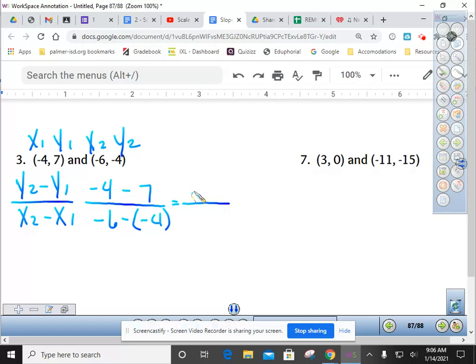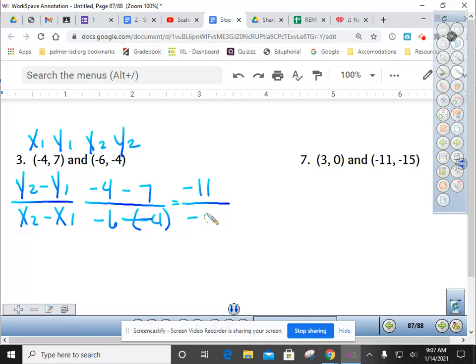Negative 3. Please tell me why this is the hardest thing in the world for you people to get. It's negative 11. Same sign, add and keep. What do we do here? Now you have negative 6 plus 4. What is it?